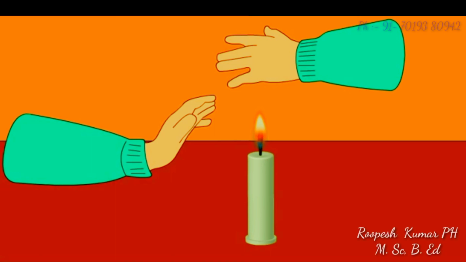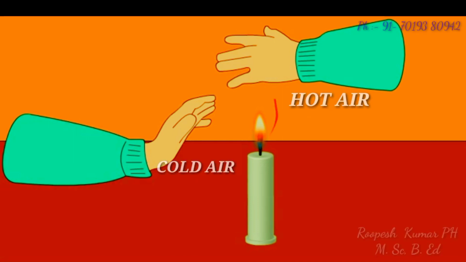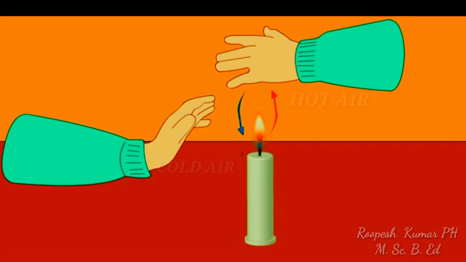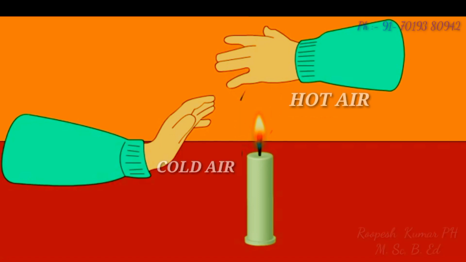The air just above the candle flame gets heated first. This hot air, being lighter, rises upwards, carrying the heat along with it. The cold air from above, being denser, sinks downwards to take the place of hot rising air. This cold air also gets heated by the flame and rises upwards, and more cold air sinks downwards to take its place.